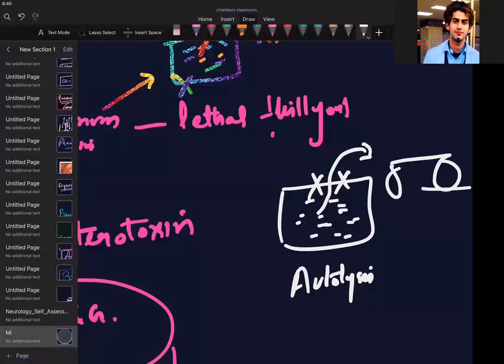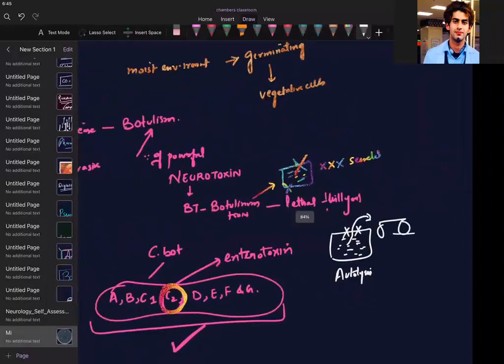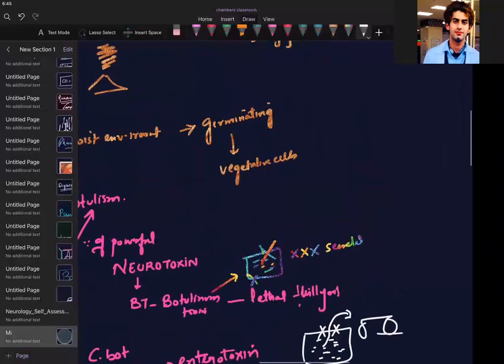Okay. Is there any doubt? What it is doing is these vegetative cells, do we remember the germinating vegetative cells which I mentioned to you? They will be producing a potent exotoxin that is called botulinum neurotoxin.